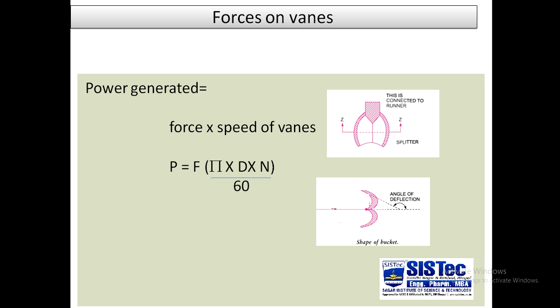What is the rate of work done? That is work divided by time, or work can be written as force into displacement divided by time, and displacement divided by time gives the velocity. So the expression of power can be given by force into vane velocity.